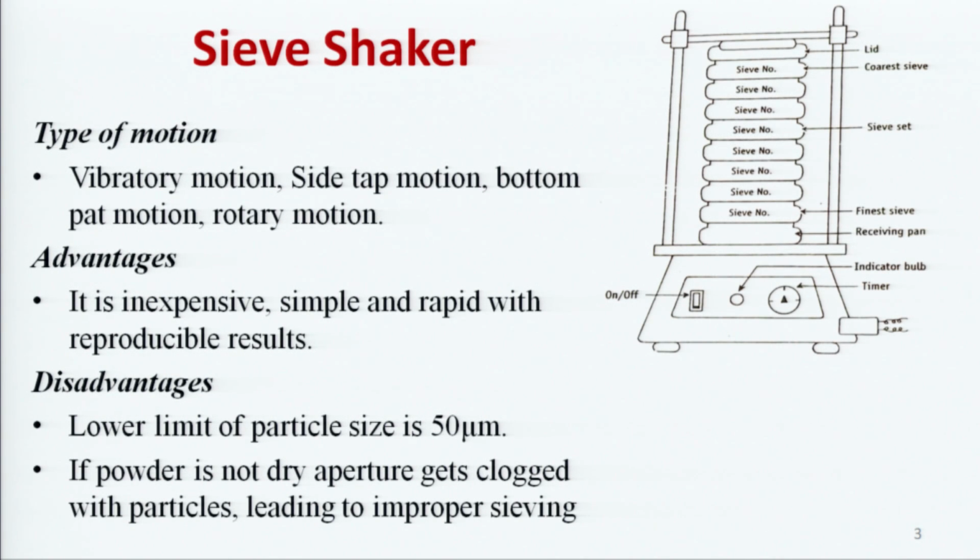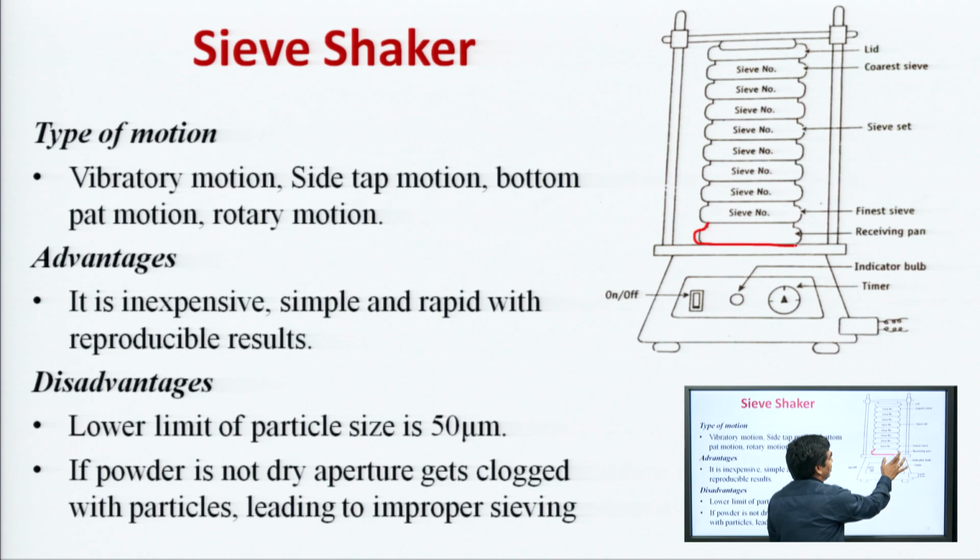As I have explained in the previous slide, this is the arrangement of different sieves. This is the receiving pan in which the finest particles are received. This is the finest sieve, this is the coarsest sieve, and in between, accordingly, all the other sieves are arranged.